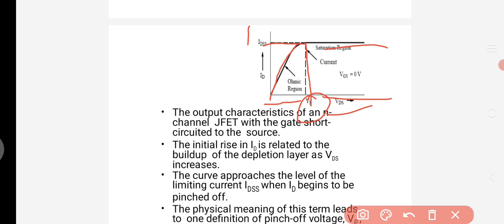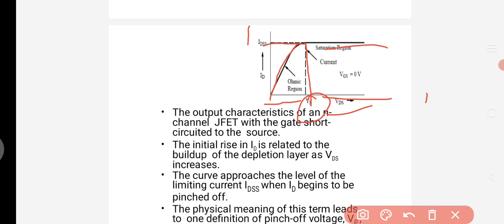So here VGS equals 0. That means when gate and source are short circuited, when we are increasing the VDS, there is an increase in the ID.